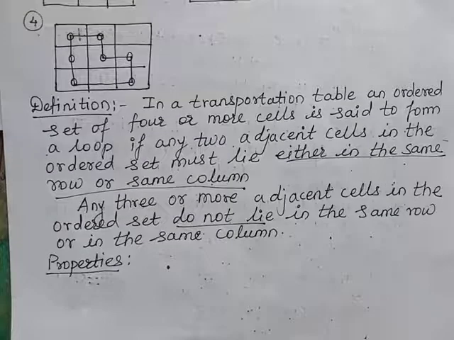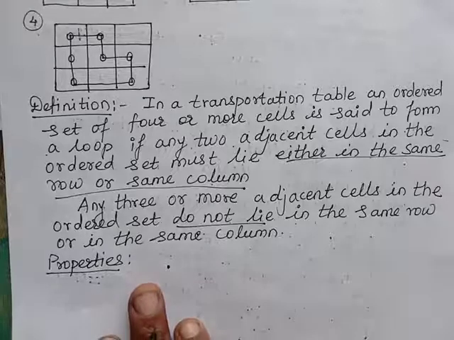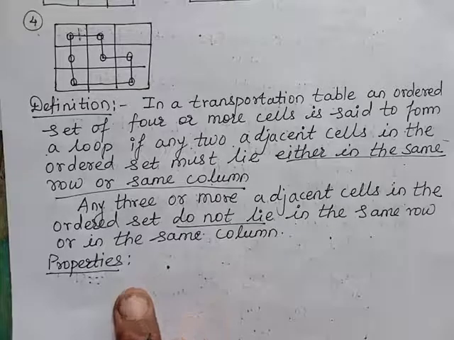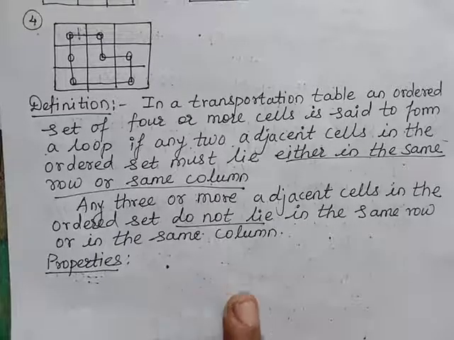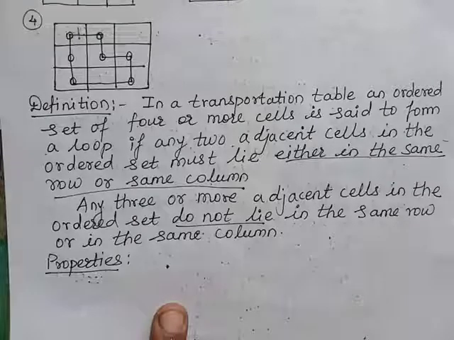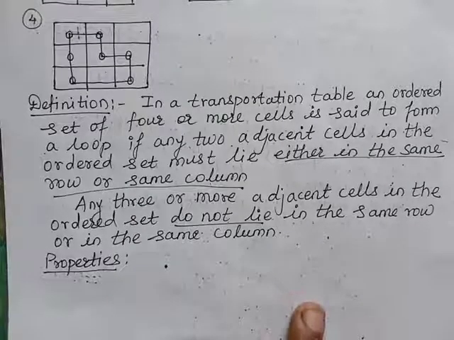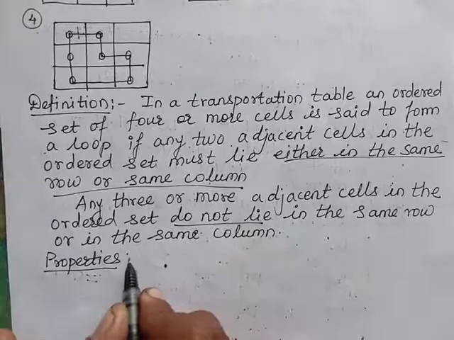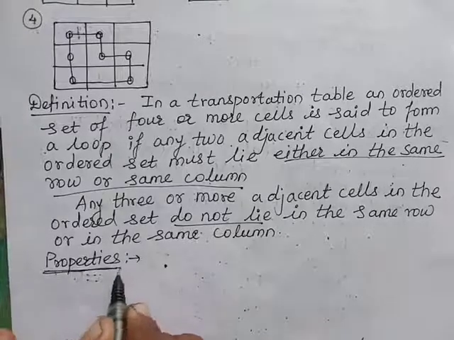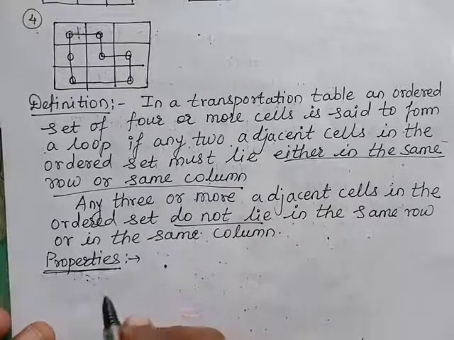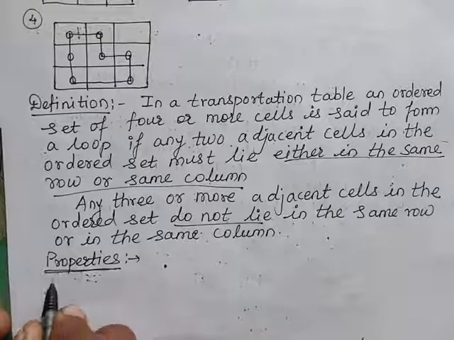For finding an optimal solution, first of all, we have seen all the methods to find the initial basic feasible solution. But if the initial basic feasible solution is not optimal, then we need to form a loop, and later on we can find the optimal solution. Let me see that part further. Now before that, let's write the properties of loop here.